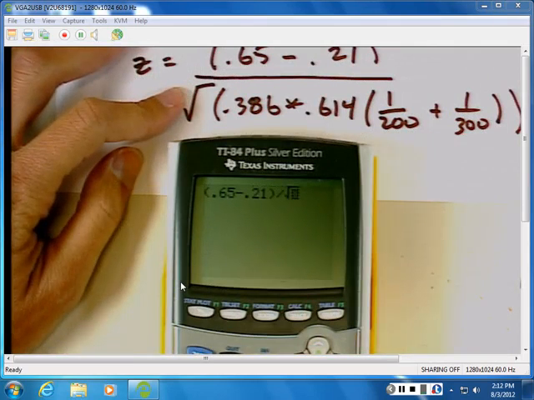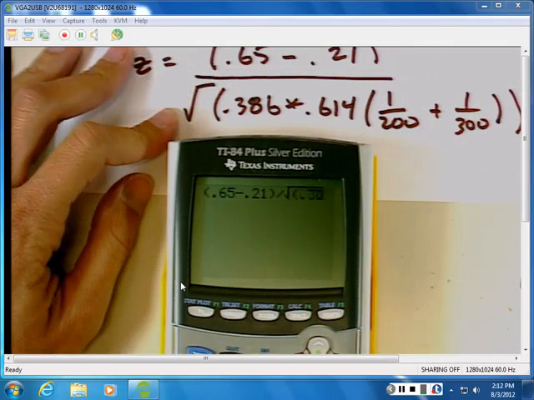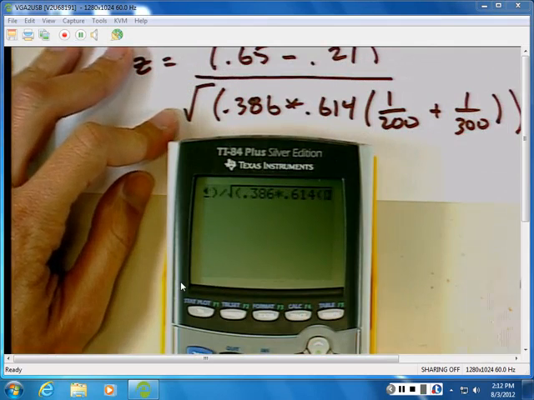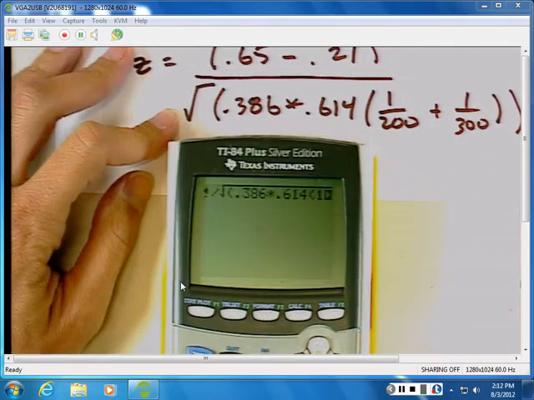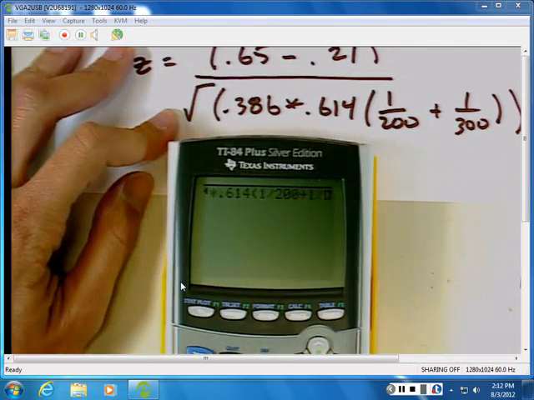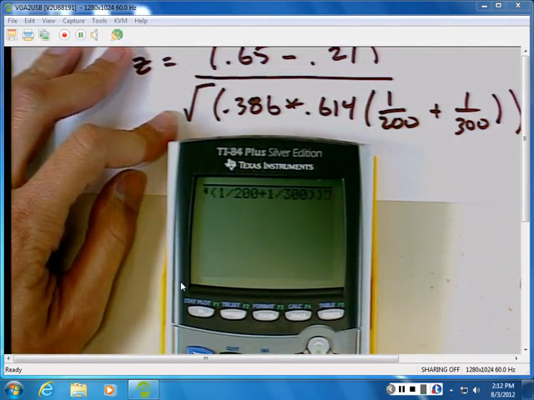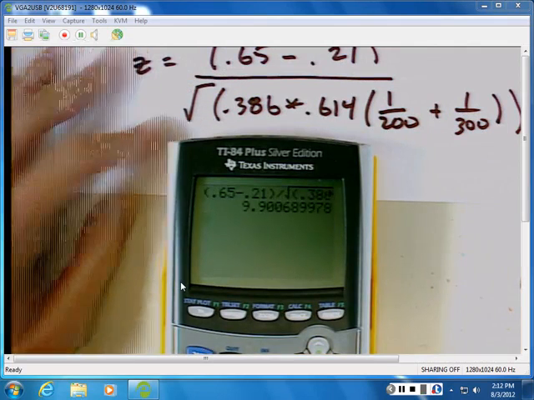I am going to use parentheses, 0.386 times 0.614, parentheses that open. Now I'm going to use 1 divided by 200 plus 1 divided by 300. I'm going to close the first set of parentheses, close the second set of parentheses, and then I can hit enter. So there we go.